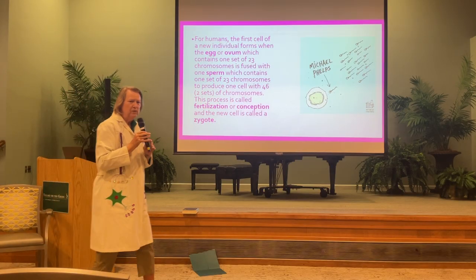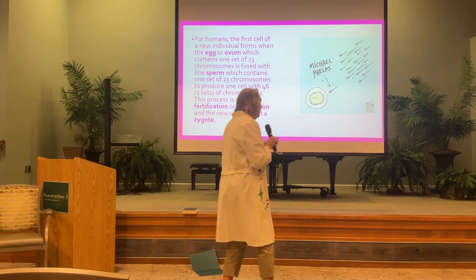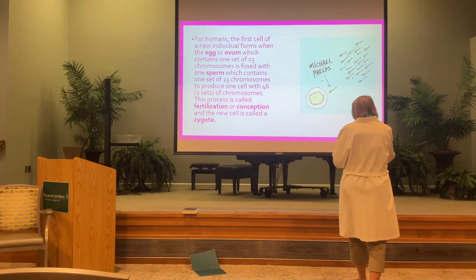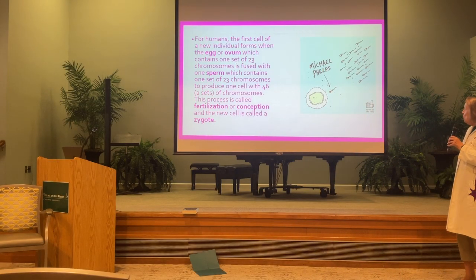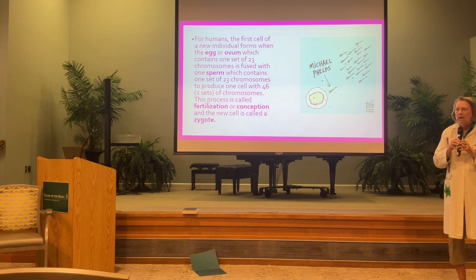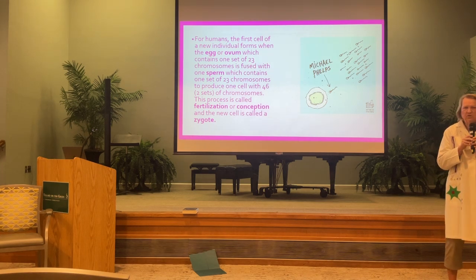Well, I love this picture. Y'all remember who Michael Phelps is? Sure. Okay. So when sperm enter the female reproductive tract and are headed for the ovum, there's usually just one ovum released, but there's millions of sperm.